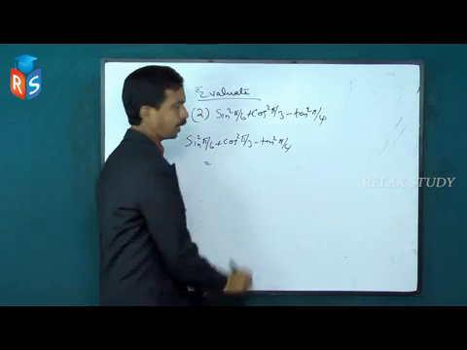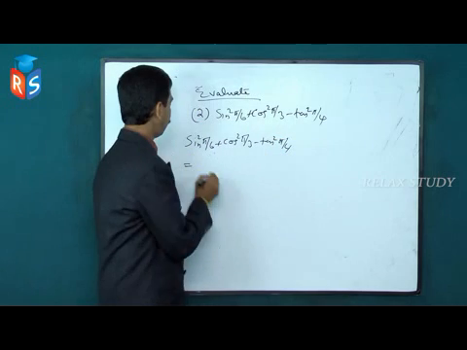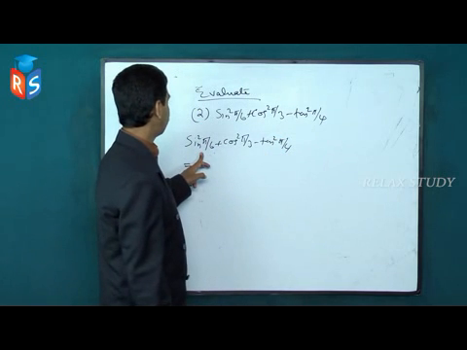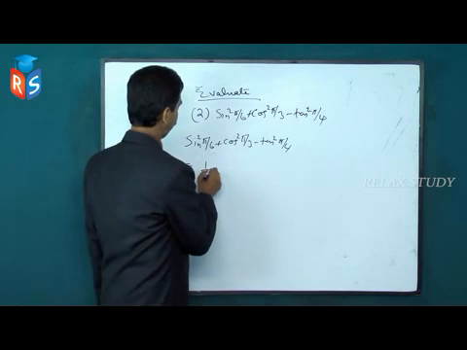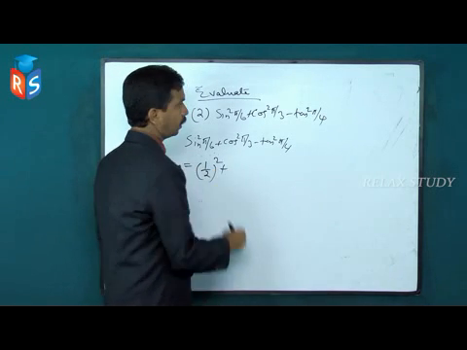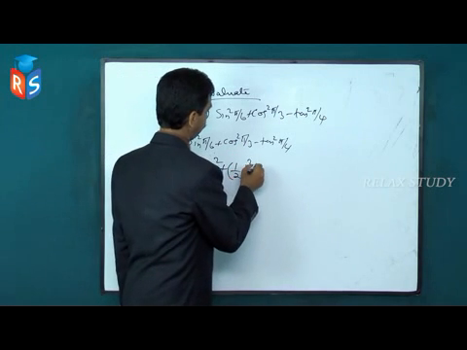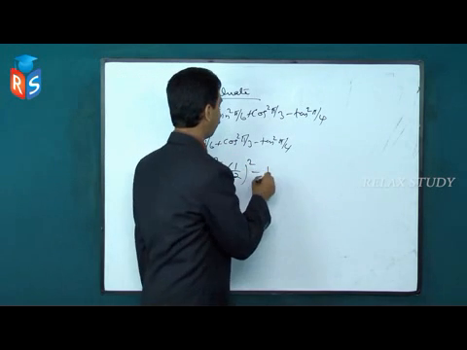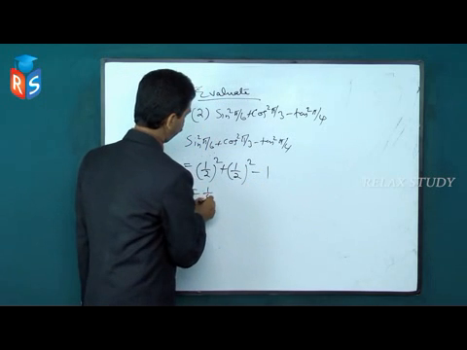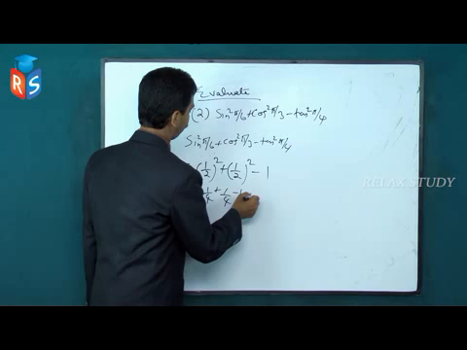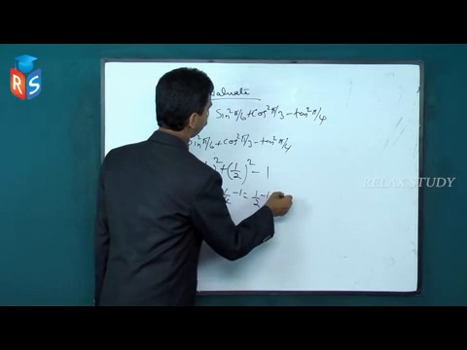We are also replacing the table values. Equals sin square 30, (1 by 2) square, cos square 60, (1 by 2) square, and tan 45 is 1. So 1 square, again 1. So 1 by 4 plus 1 by 4 minus 1 equals 1 by 2 minus 1 equals minus 1 by 2.